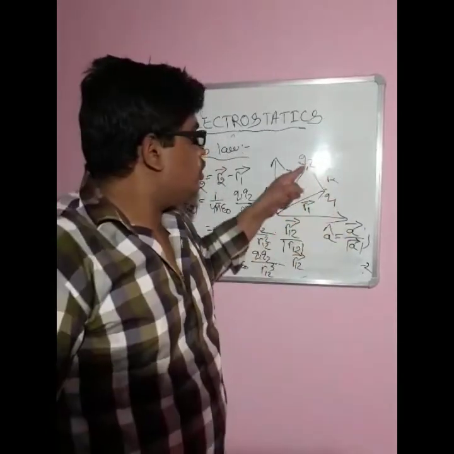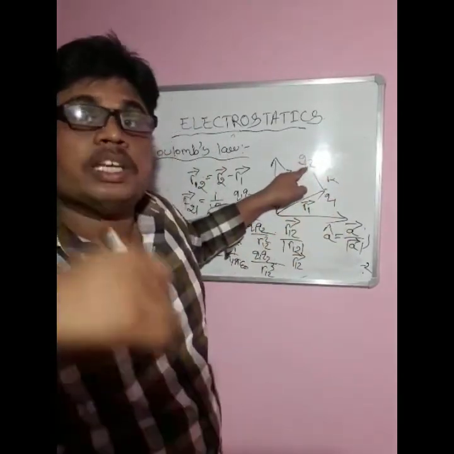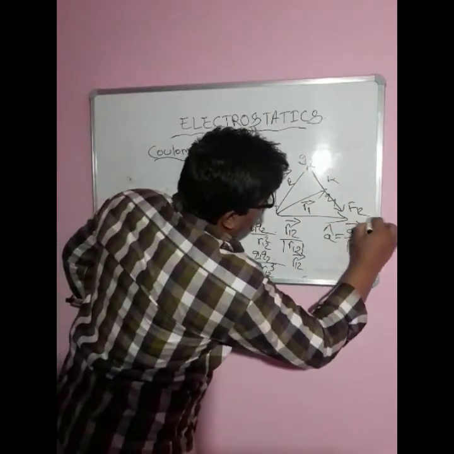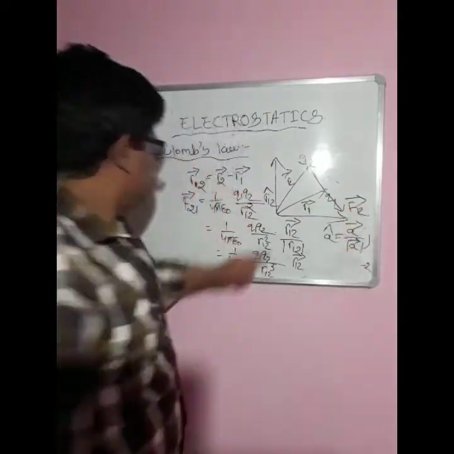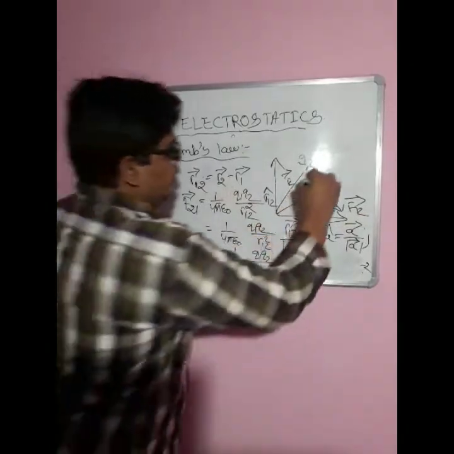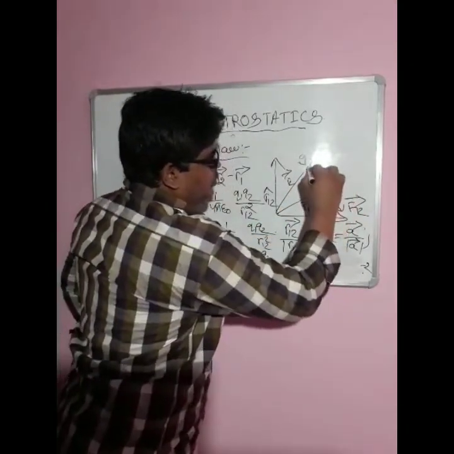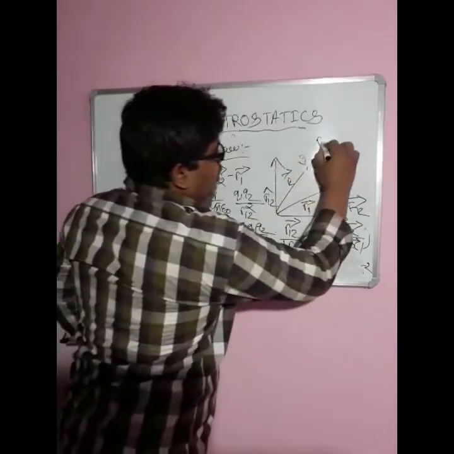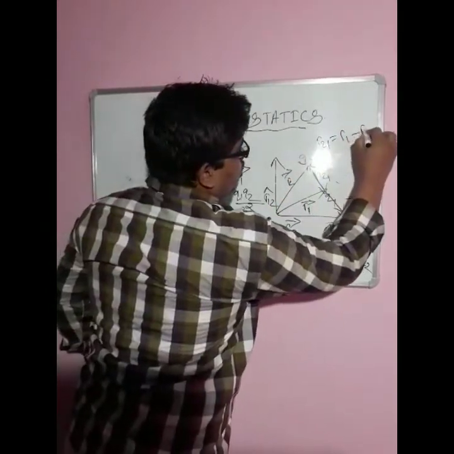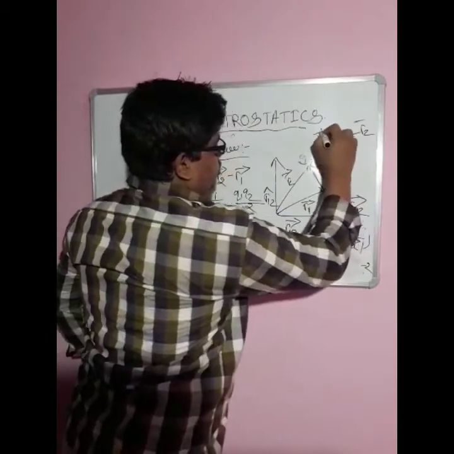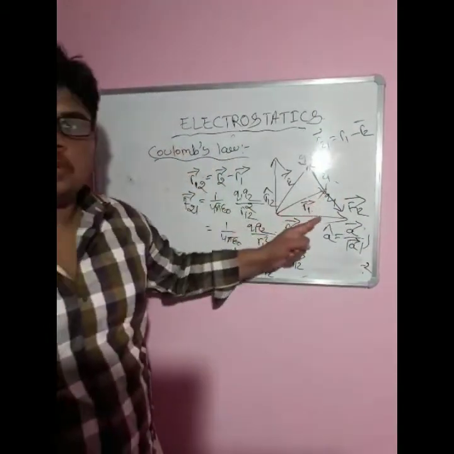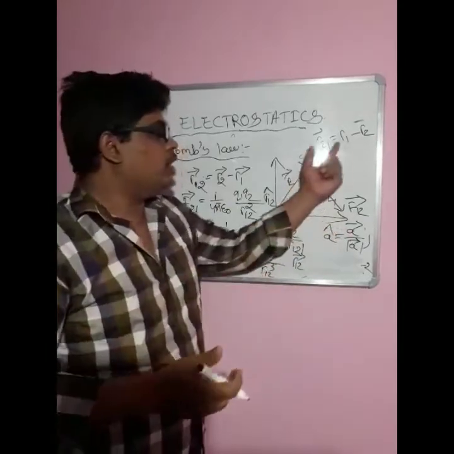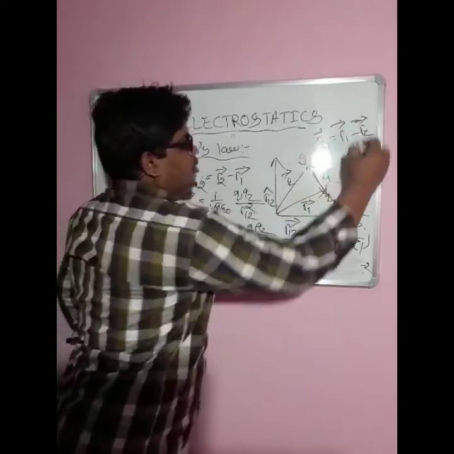Similarly, due to the second body, the force exerted on the first body, in this way, is F12 vector. The distance is R21. See here, R21 is equal to R1 minus R2. Same vector addition formula, R1 vector minus R2 vector.